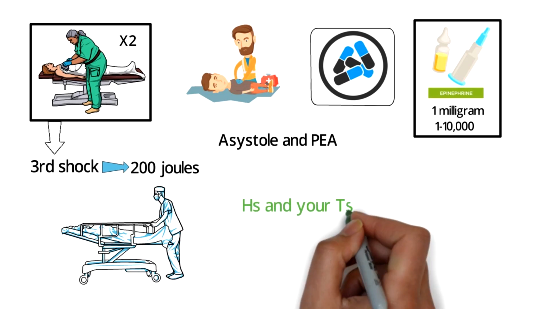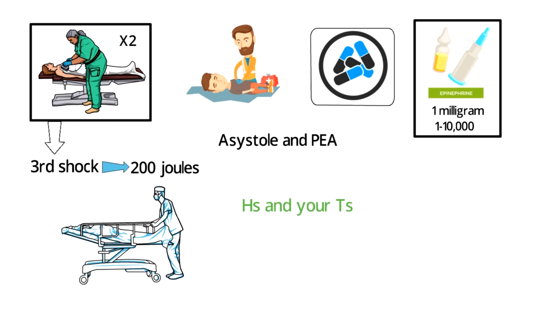All right, so with this algorithm, again, still a dead patient algorithm, so you still need to consider your H's and your T's. These rhythms have a higher survivability than asystole and PEA, right? The patient has nothing happening in the heart with asystole and PEA, and they have very, very, very poor outcomes. So that is why it is very much stressed to start considering your reversible causes, which are your H's and your T's.